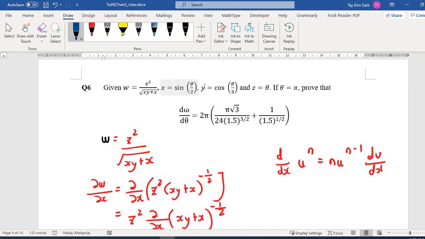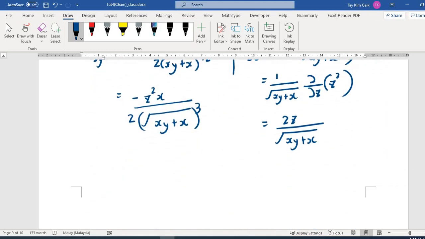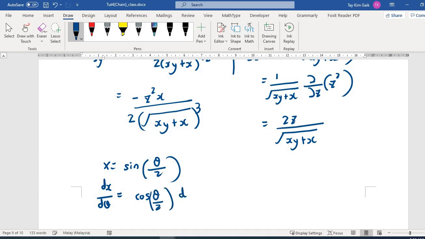And then from x, y, z, you can find dx, d theta. From x equal to sin theta over 2, you can find dx d theta: differentiate sin, you have cos theta over 2, and then you have the derivative of theta over 2, which is half. So you get half cos theta over 2.